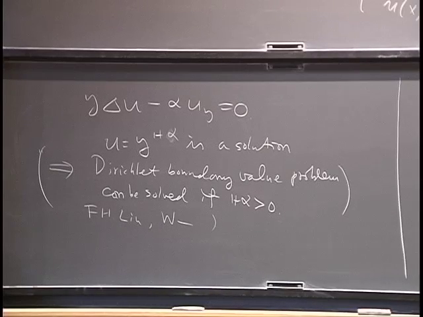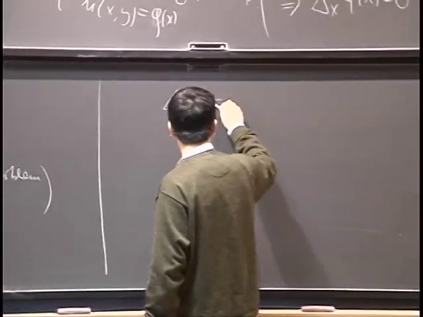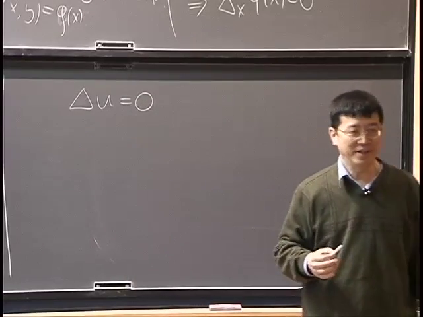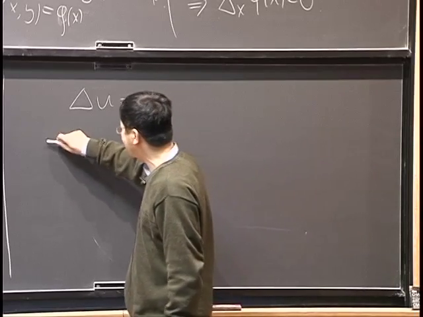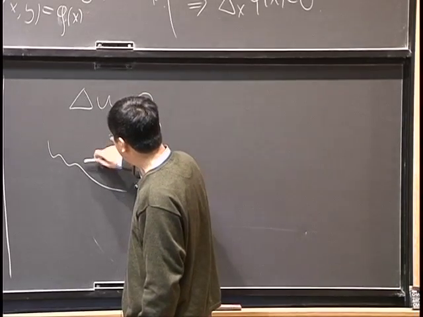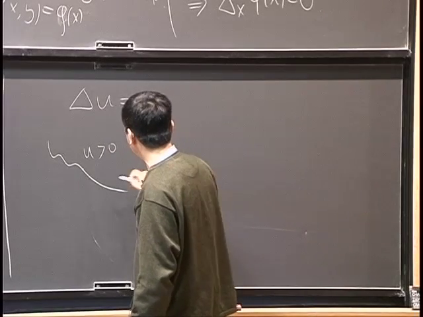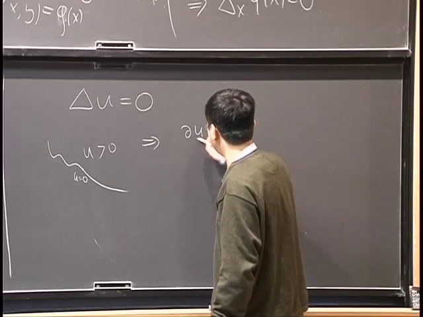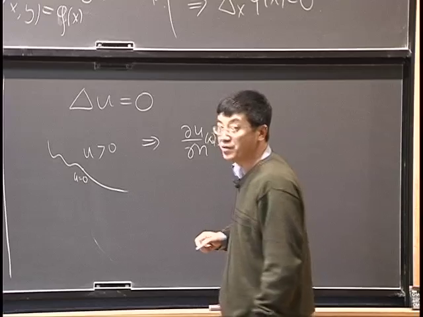I want to compare this with the Laplacian. So if you compare with the Laplacian equals 0, everybody knows we have this Hopf lemma. It says if u is positive inside and u is 0 there, then, for example, it implies that the normal derivative is positive at the minimum.